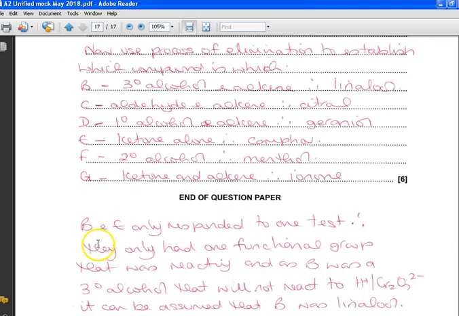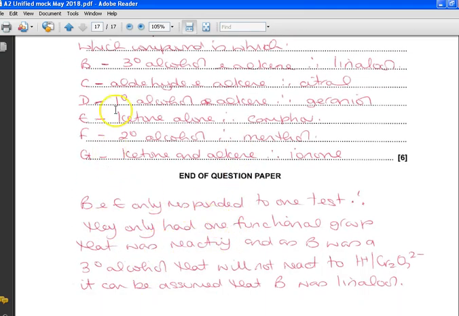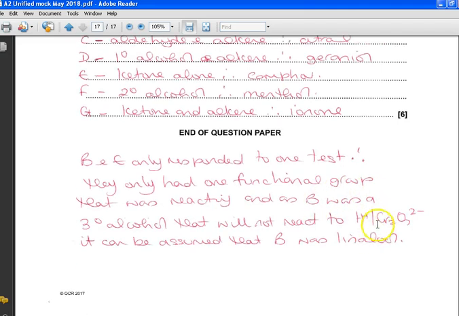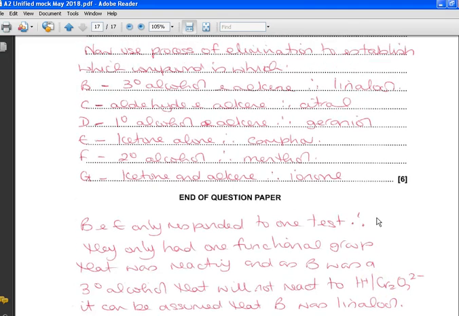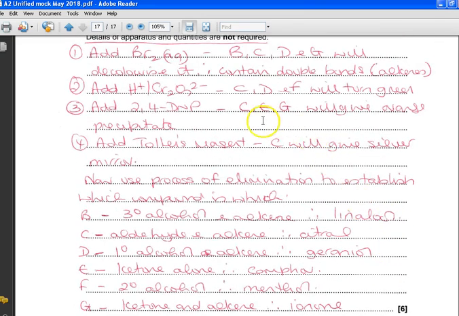So I've got here B and E only responded to one test, which means they only had one functional group that was reacting. B is a tertiary alcohol, so that's not going to react to H+ and Cr2O7 2-. So we can assume that B was linalool, and E is the ketone on its own, which responded to 2,4-DNP.